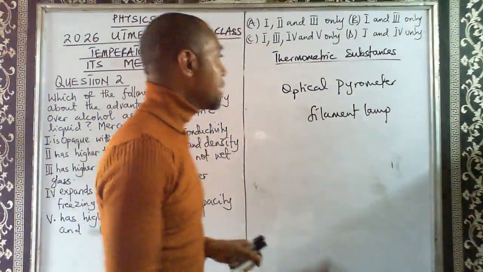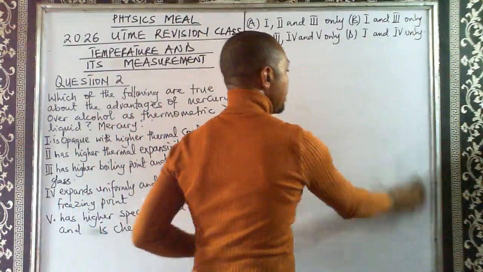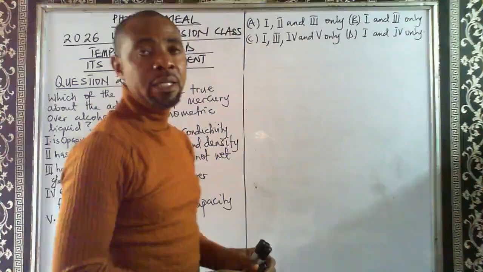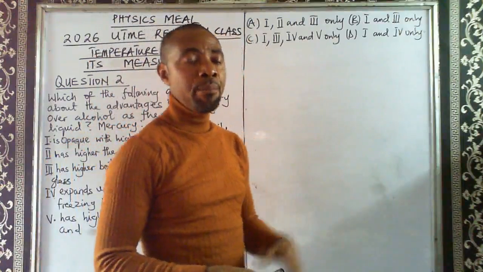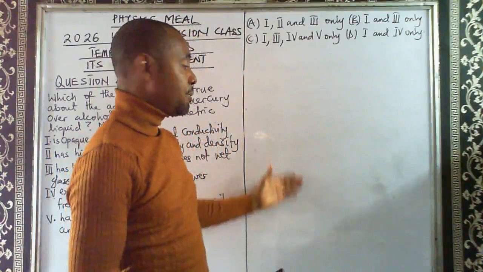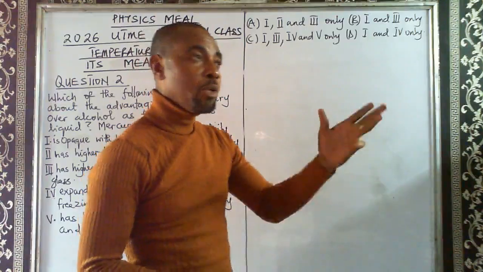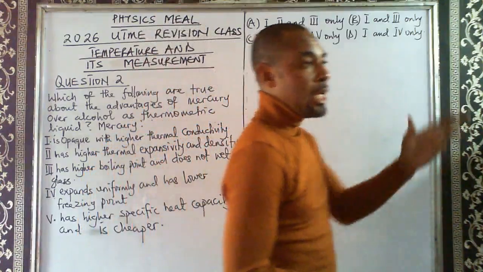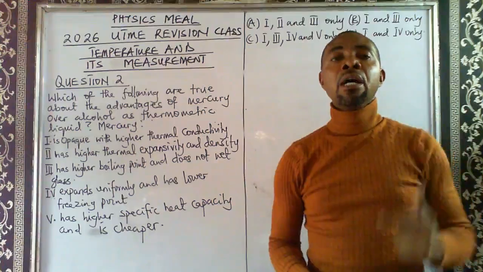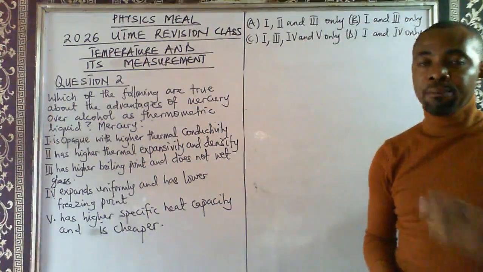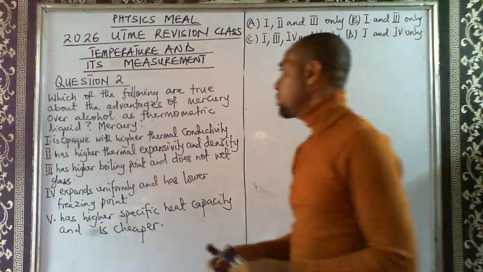But the common thermometers that we look at are the liquid in glass thermometer, the constant gas volume thermometer, and the resistance thermometer, based on the three thermometric substances that we looked at. We say a liquid can be a thermometric substance, a gas can be a thermometric substance, and a resistance wire, that's electrical wire, can be a thermometric substance.